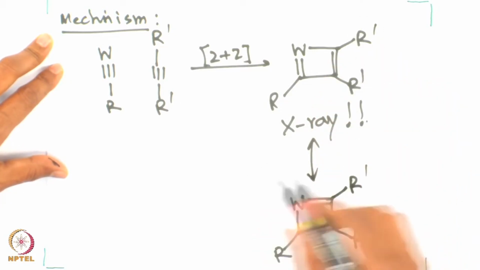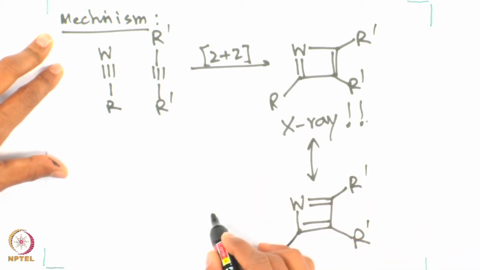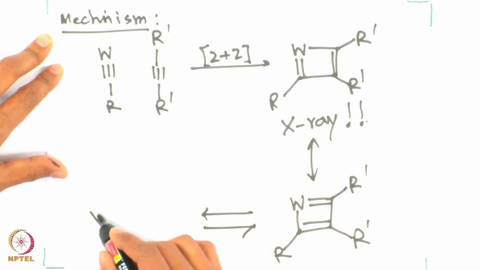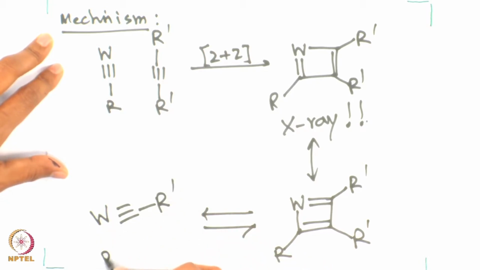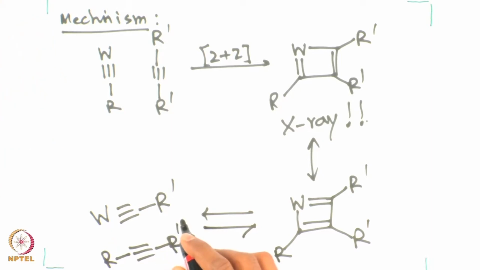right. So, these are resonance structures, and subsequently if one undergoes retro 2+2, we can get the tungsten with another alkylidyne moiety, and this is really interesting at this point, because overall we get this new tungsten alkylidyne intermediate.